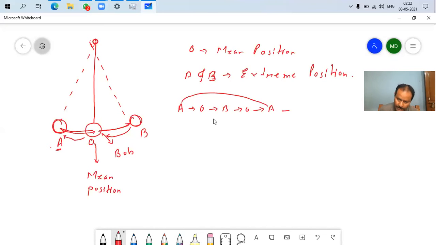This one complete motion is called one oscillation.